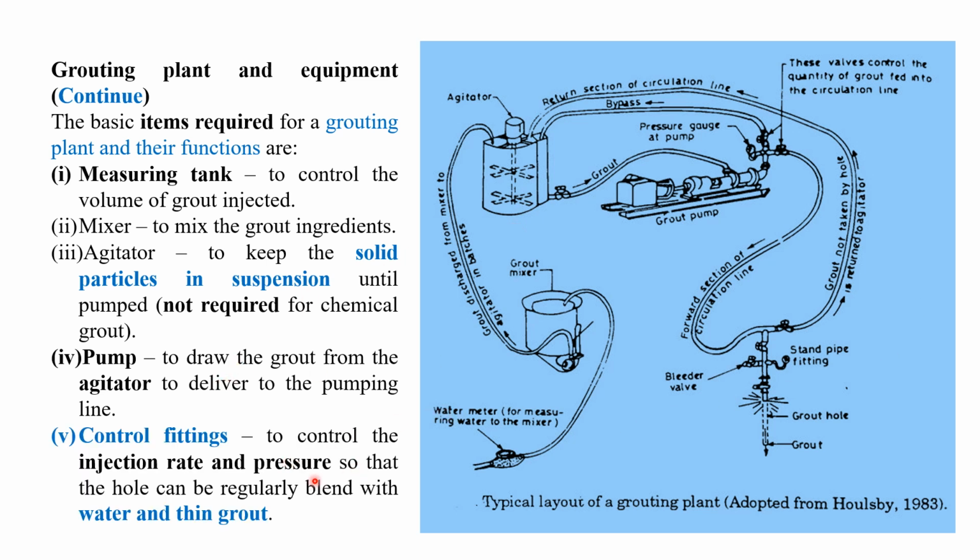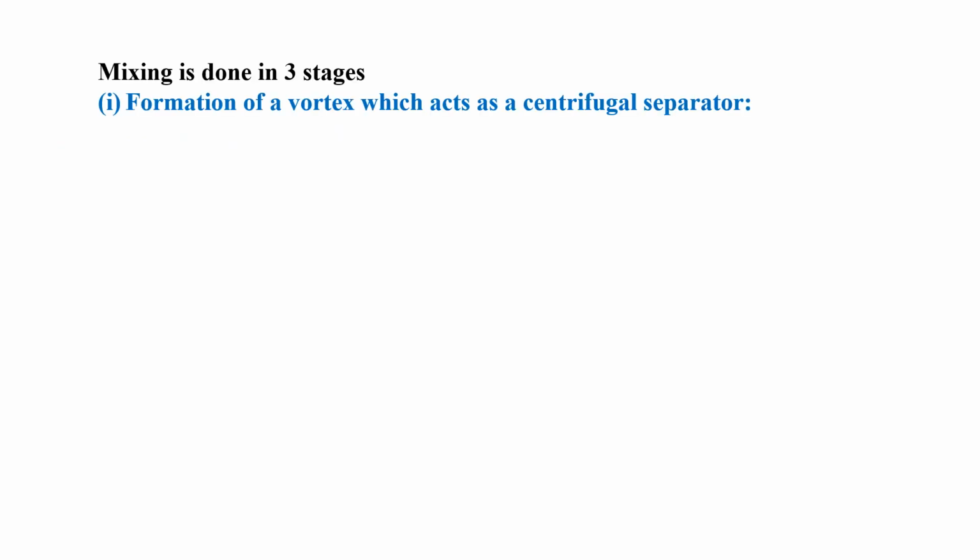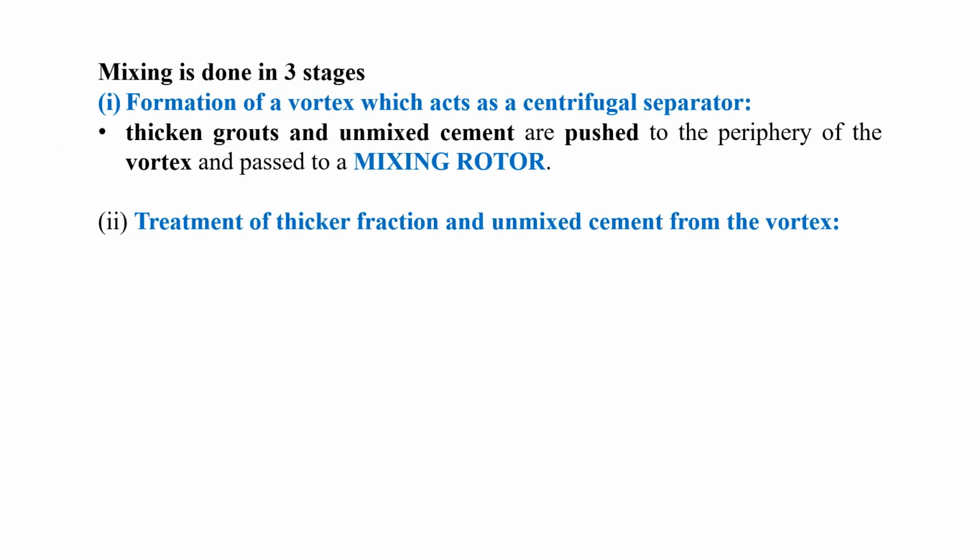Control fittings control the injection rate and pressure so that the hole can be regularly blended with water and thin grout. So see, in a mixing machine, mixing is done in 3 stages. What are the stages? In the first stage, we have to form a vortex which acts as a centrifugal separator.